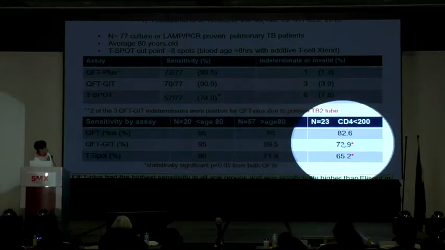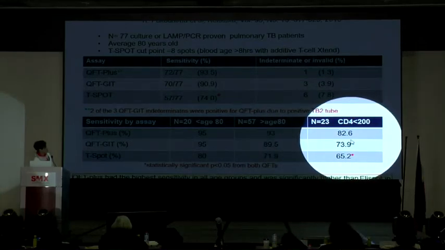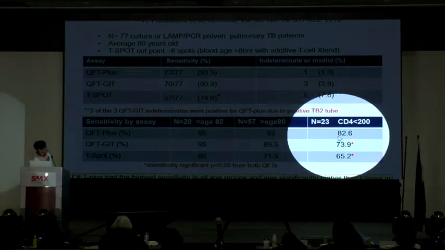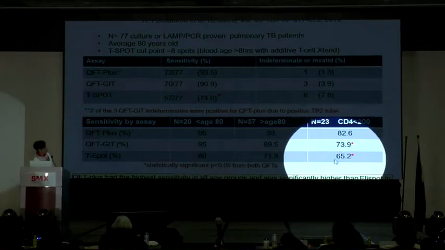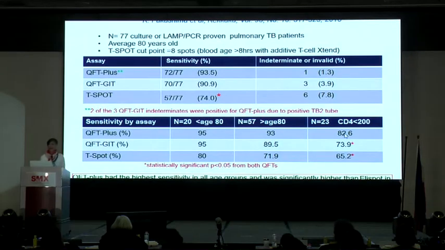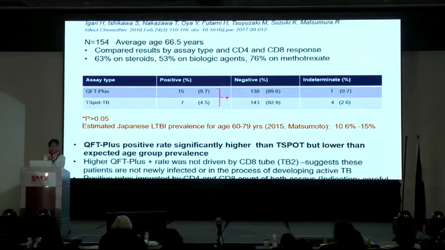And then when you look at those with CD4 counts less than 200, you see a drop in sensitivity, yes, but not as much as QuantiFERON Gold In-Tube and T-SPOT. So 83% is still quite good for active TB. And so here you can see the performance in comparison with both assays.